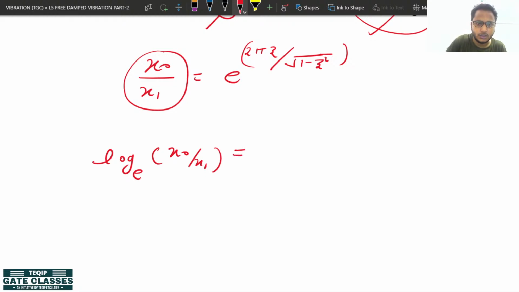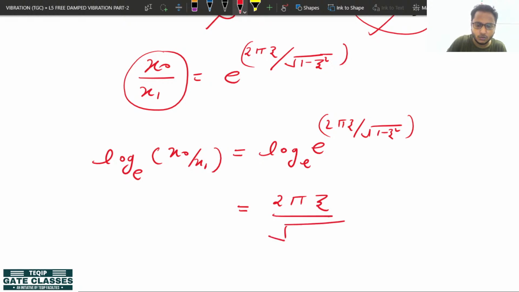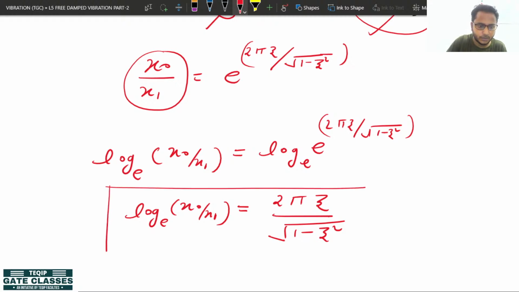On the right side it becomes log base e of the exponential, and using log formulas we can write directly 2 pi zeta divided by root of 1 minus zeta square. This is the logarithmic decrement, log base e of x naught upon x1.